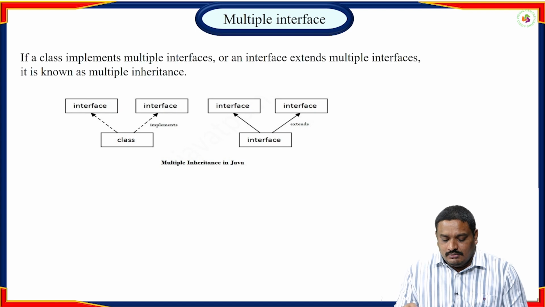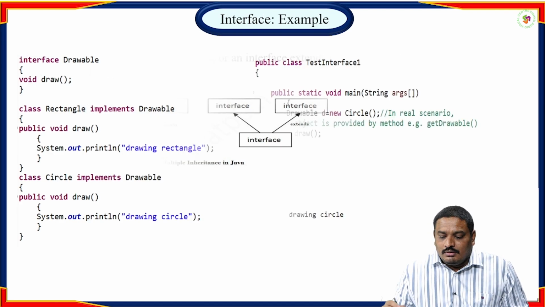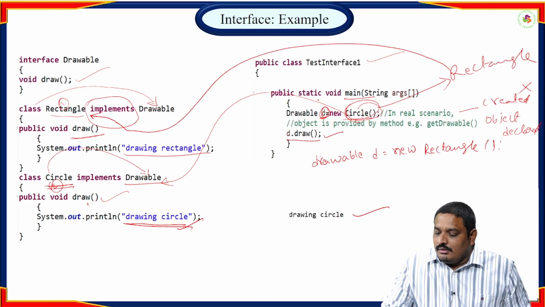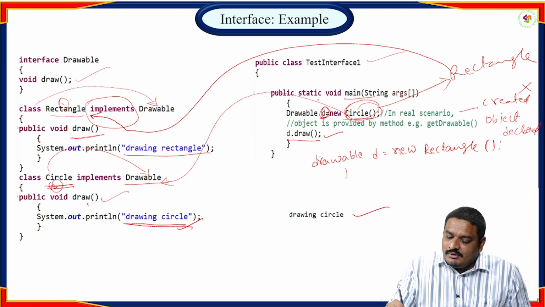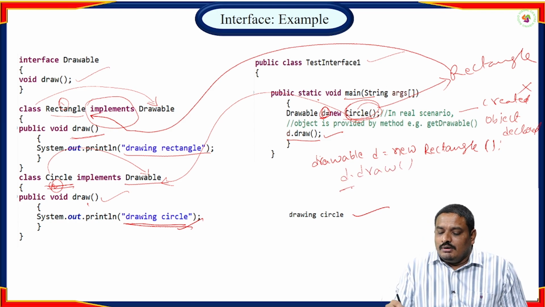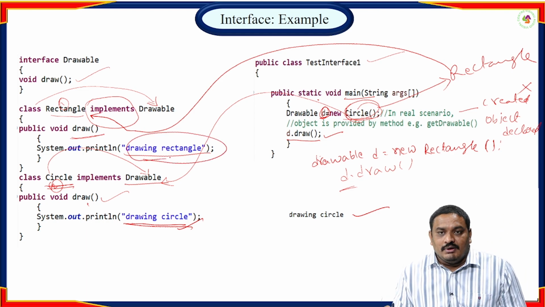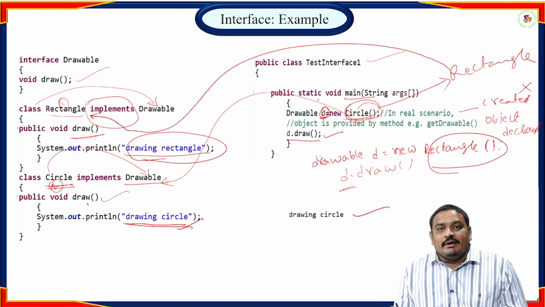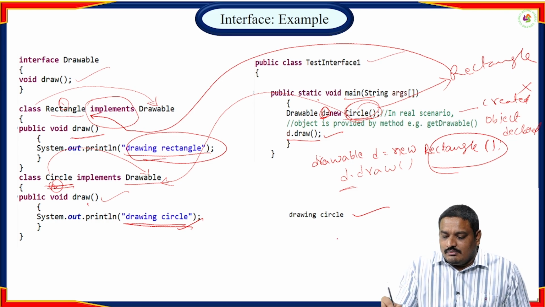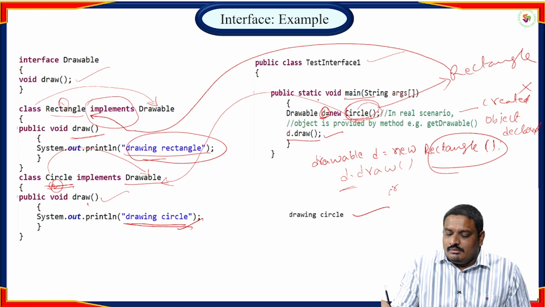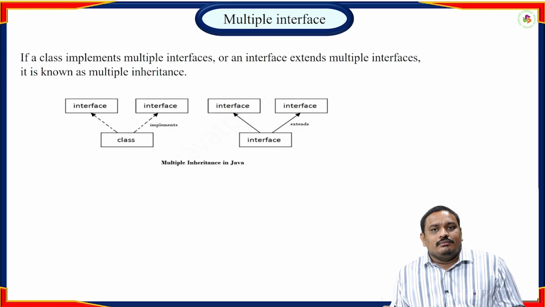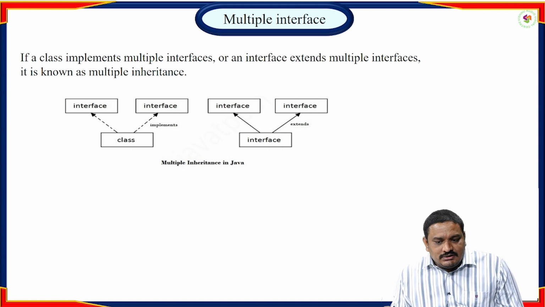At that time d dot draw, we can call the draw method by using the object. This message will be printed because we are using the Rectangle class. Here, the output is drawing rectangle. That is the interface example.